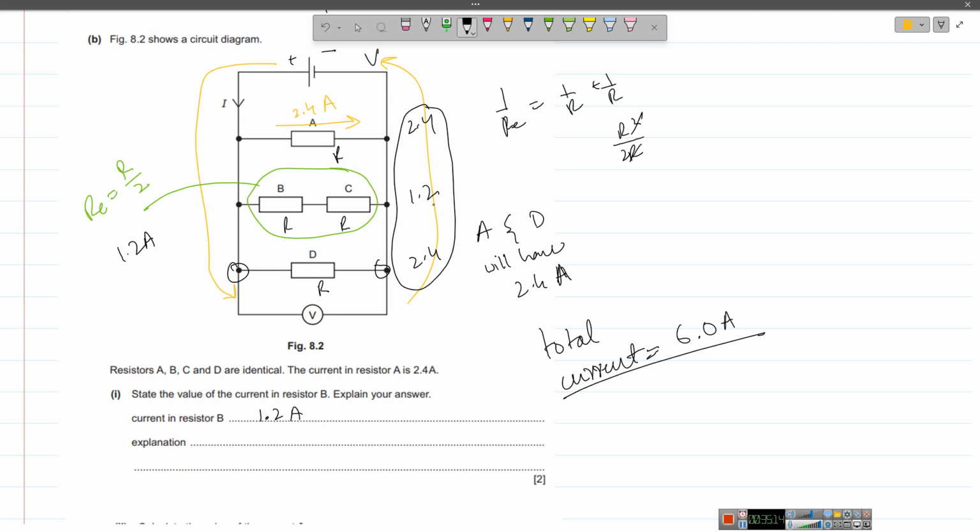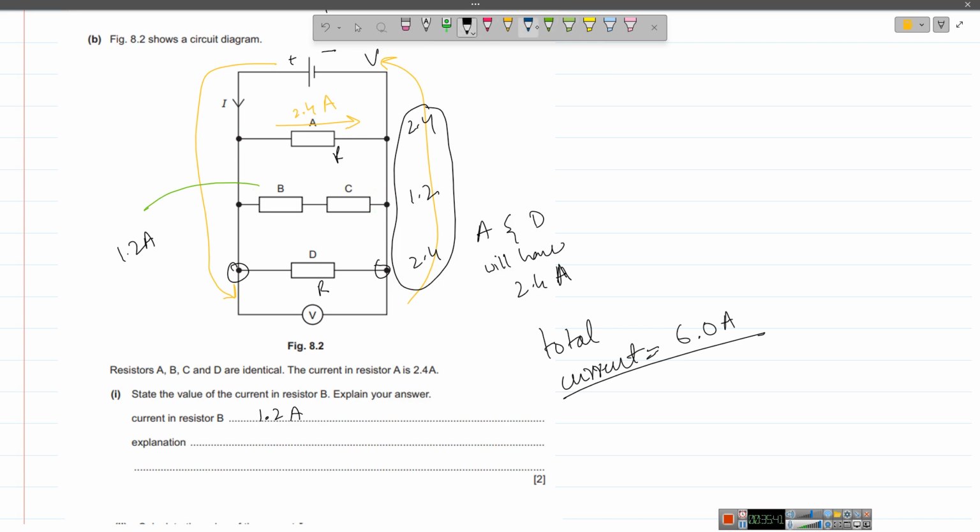Explain why. It is in parallel combination, hence lesser current. Sorry, my bad. I mean, it's not parallel combination, this is series combination. This is not half RE, but on the contrary, this is twice the RE, right?